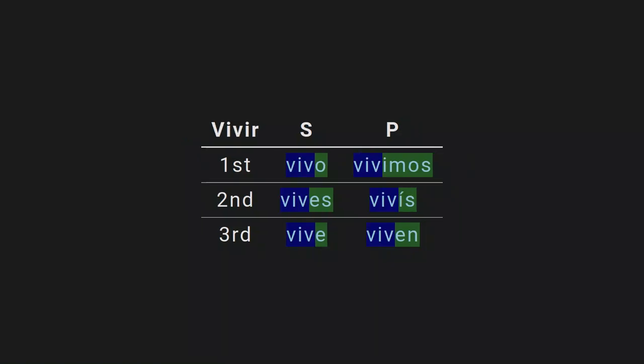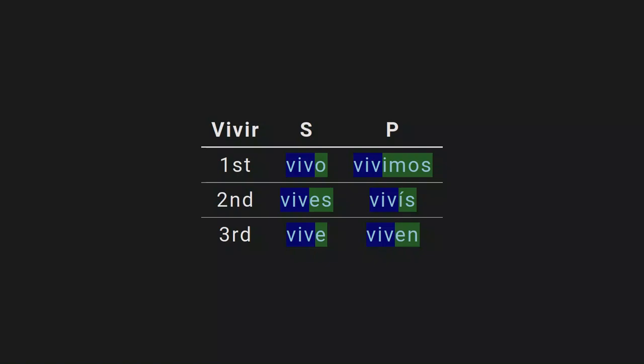The IR verbs are a little bit different because, as you can see, we have vivo, vivimos, right? Keeping that i there as our thematic vowel, and vives. But that's an e, that's not an i. We don't say vivis. That's the vosotros second person plural ending. And I think you could make the argument, you could debate that the IR verbs and the ER verbs are actually in the same category because of this.